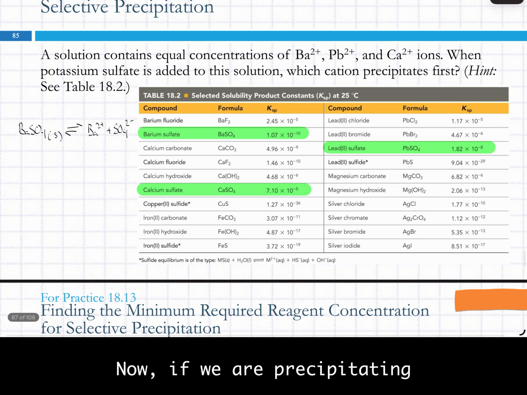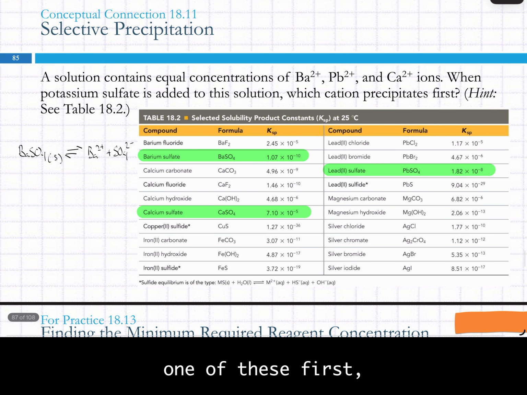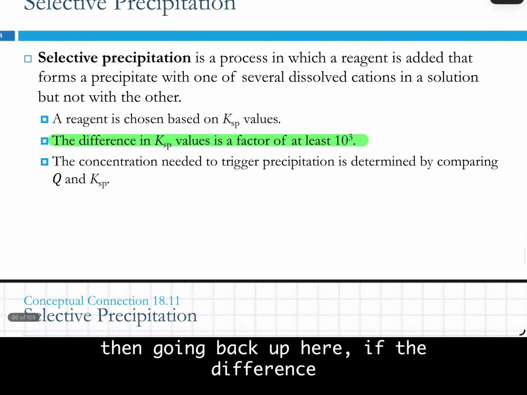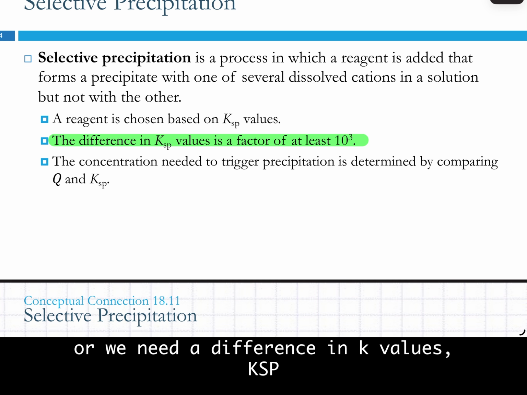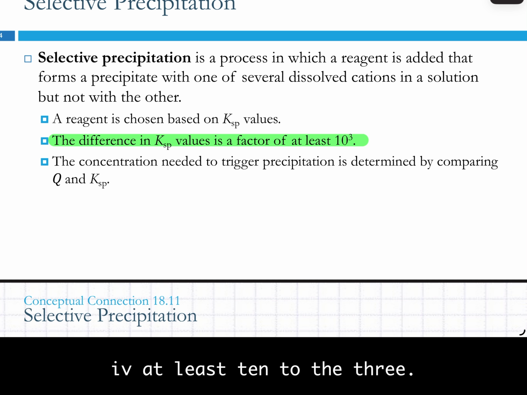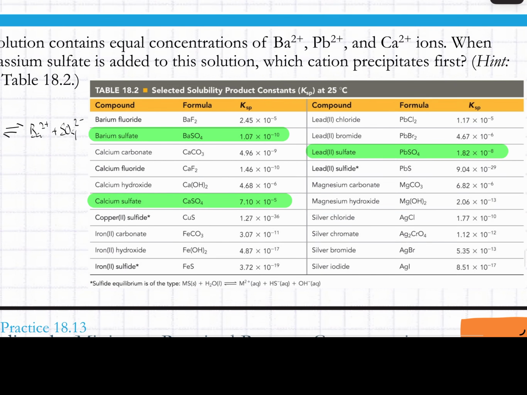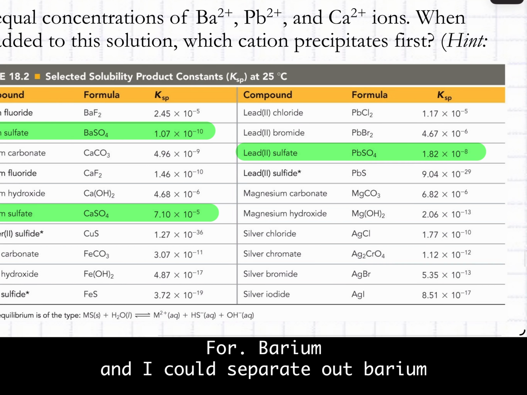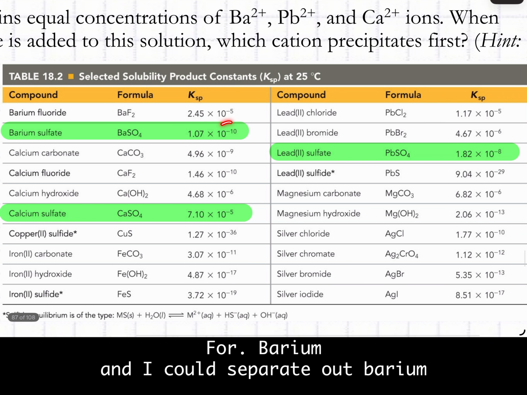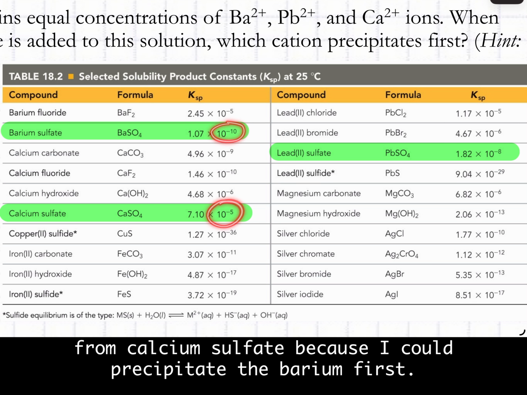Now, if we are precipitating one of these first, again, going back up here, we need a difference in K values, KSP, of at least 10 to the 3, then I could use selective precipitation for barium, and I could separate out barium from calcium sulfate, because I could precipitate the barium first.